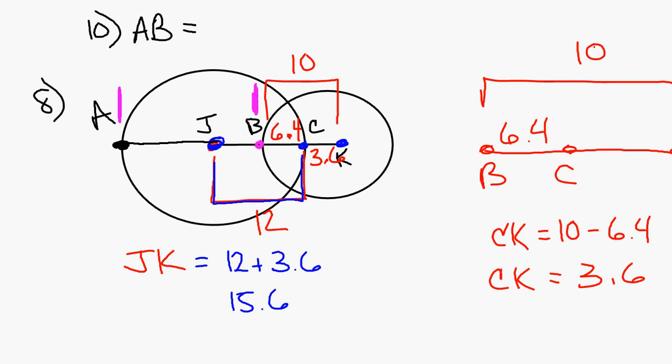So look, the radius of circle J was 12. So what does that make the diameter of circle J, all the way across circle J? Makes it 24, doesn't it? So if you've got A right here, and we're going all the way to C, A to C would be 24, wouldn't it?